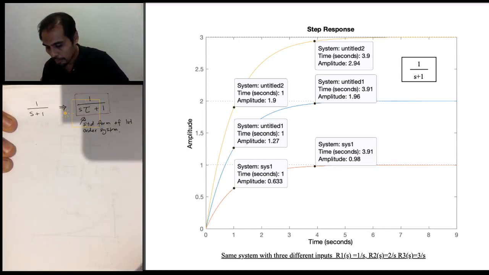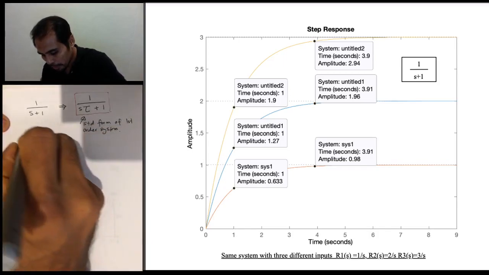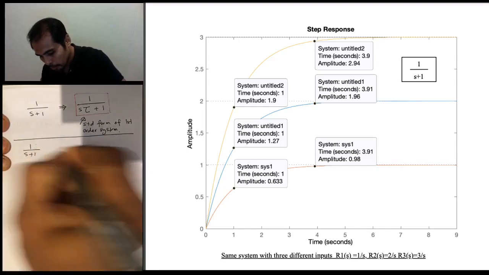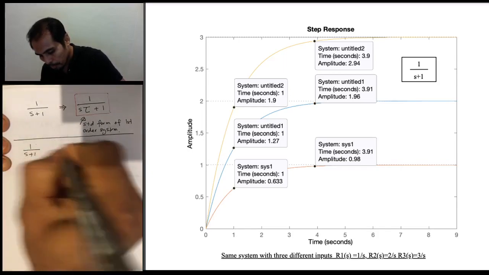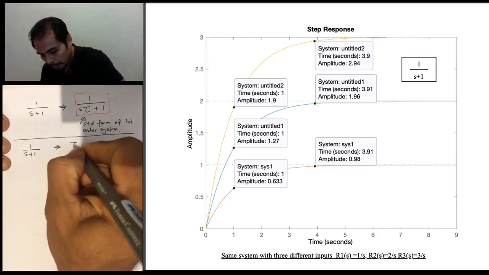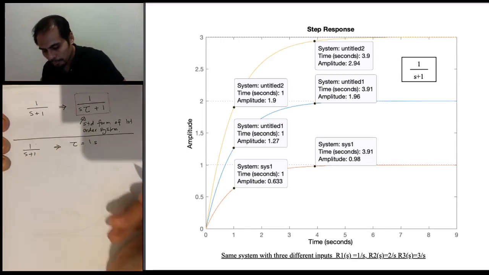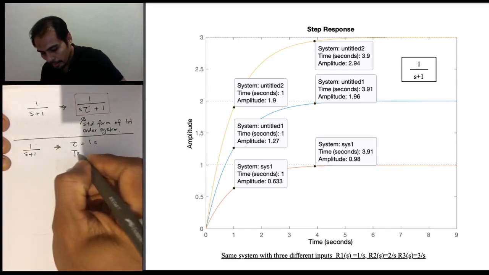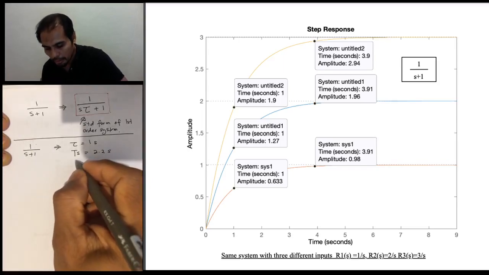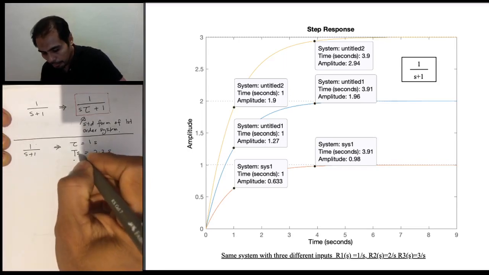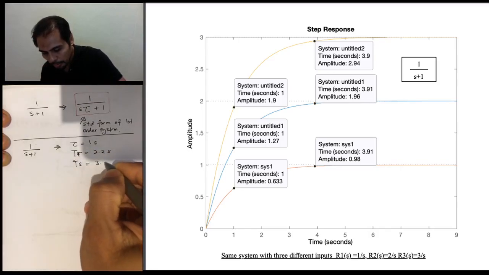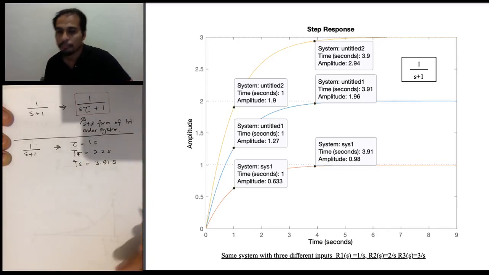From the previous example, we know that for 1 over s plus 1, whatever input we supply, we get tau equal to 1 second, rise time equal to 2.2 seconds, and settling time equal to 3.91 seconds.